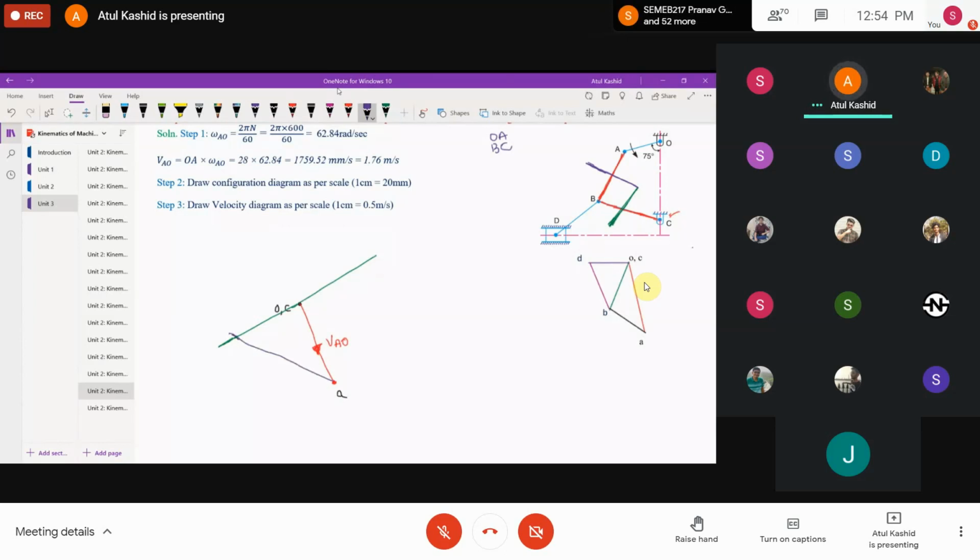Okay, so now you can see now this green line and this blue line. So green line was the vector for the link BC, and the blue line is the vector for the link AB, right? The two lines are going to intersect at the point B. At the point B over here. So I will erase the additional part.